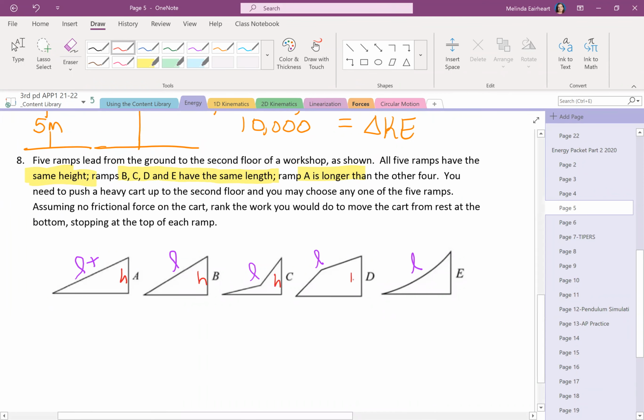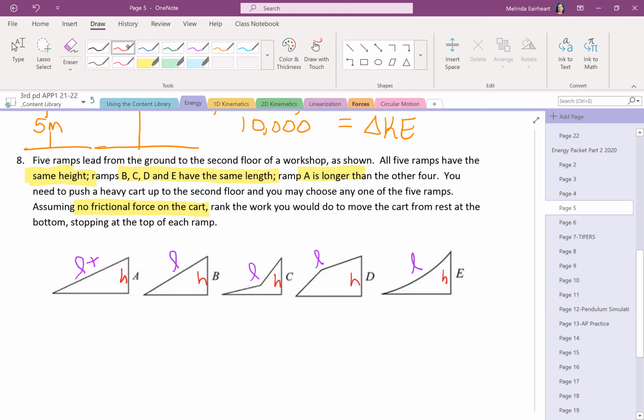And so no difference on the heights. You need to apply a force on a heavy cart to the second floor, and you can choose any one of the 5 ramps. Assuming no frictional force on the cart, thank you very much. We've got the wheels greased, maybe it's a very slick ramp, okay? Frictionless always makes our life easier, right?